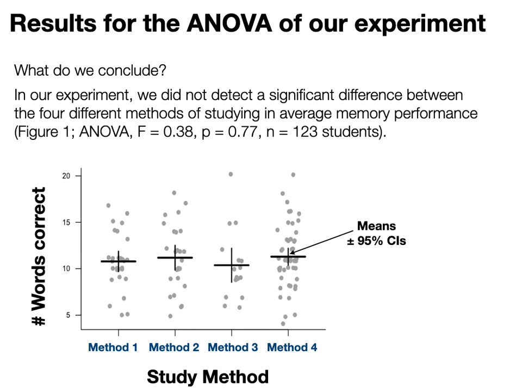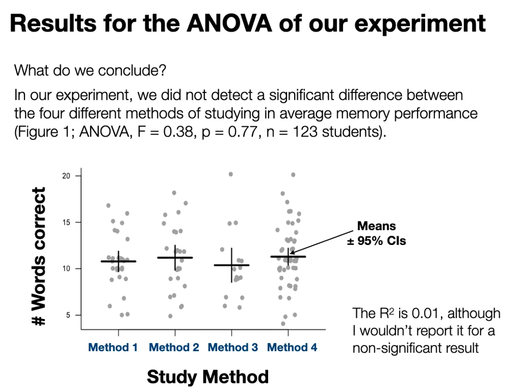Refer the reader to Figure 1, tell them the type of test, ANOVA, report the F statistic, the p-value, and the sample size. I didn't report the R squared, although in this case I could have calculated it. It was 1%, but I didn't bother reporting it because we had a non-significant result. So our results were consistent with our null hypothesis here.